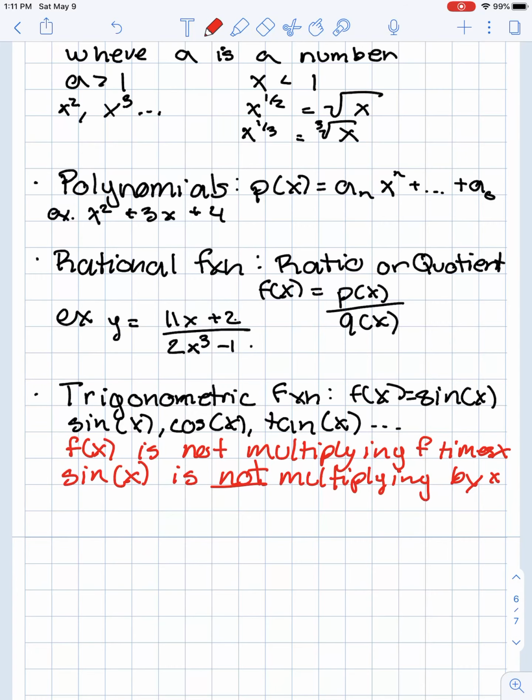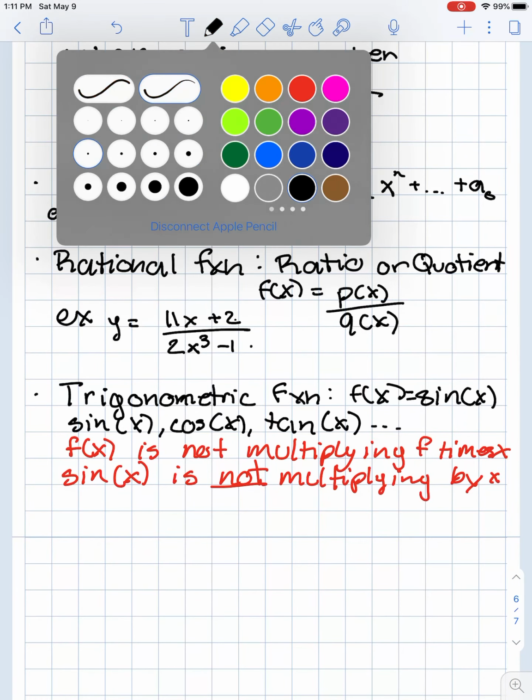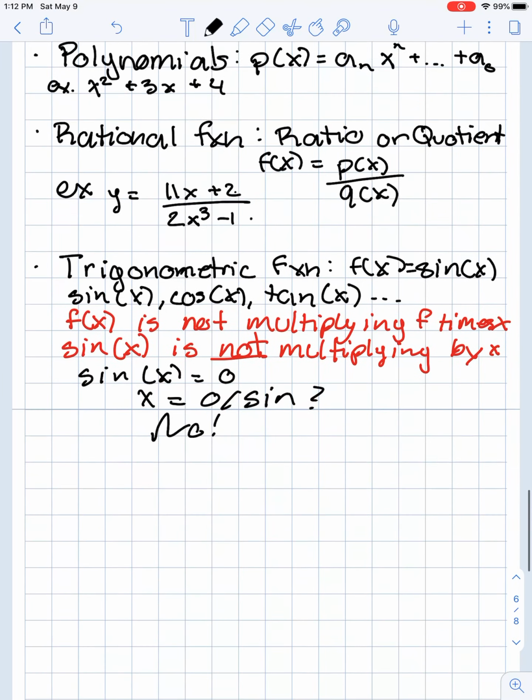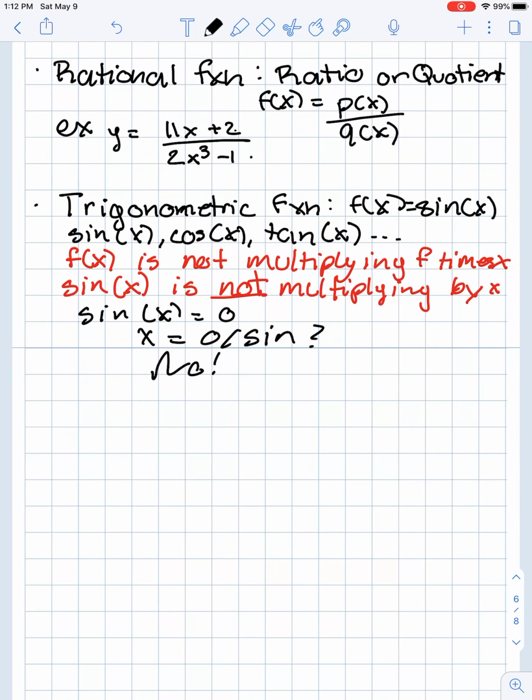I'm not saying sine times x, I'm saying sine of x. I'm putting in a number and I expect a number back out. So if you're trying to solve for sine of x equal to 0, you cannot say x equals 0 divided by sine. What is that? That doesn't exist. Nope, not a thing.